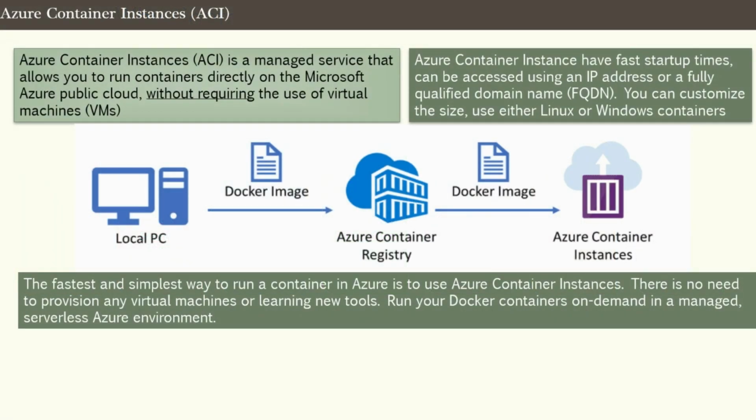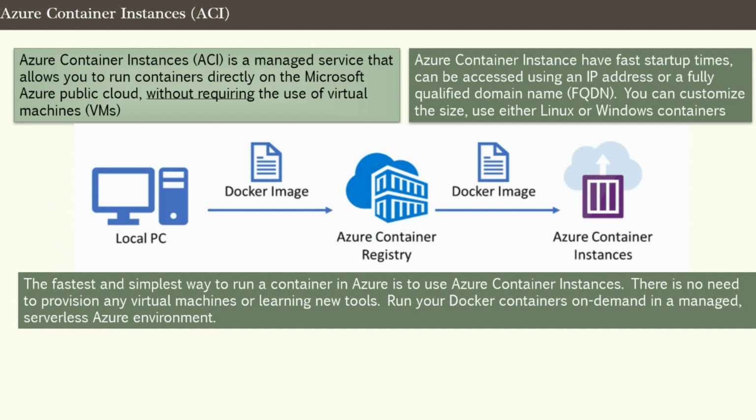Next, let's see an important service from Microsoft, that is Azure Container Instances, otherwise called ACI. It's a managed service that allows you to run containers directly on the Microsoft Azure public cloud without requiring the use of virtual machines. It is the fastest and simplest way to run containers in Azure.